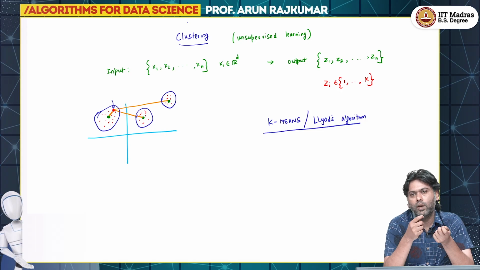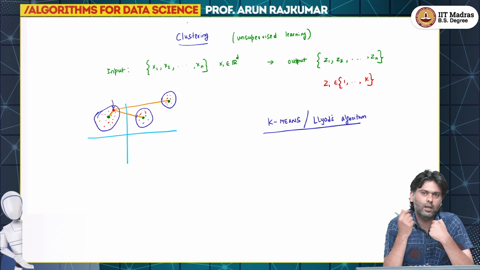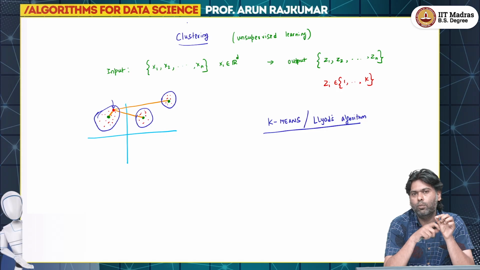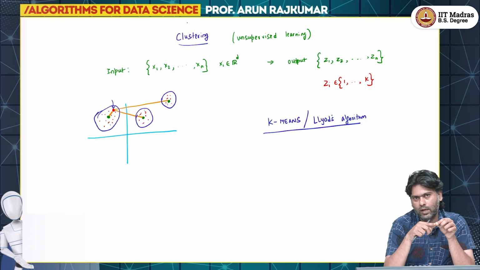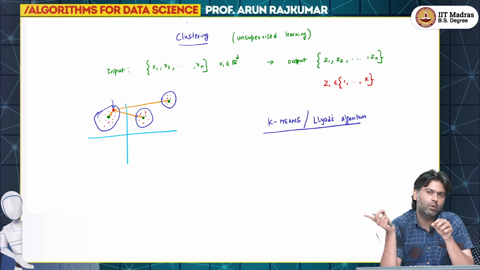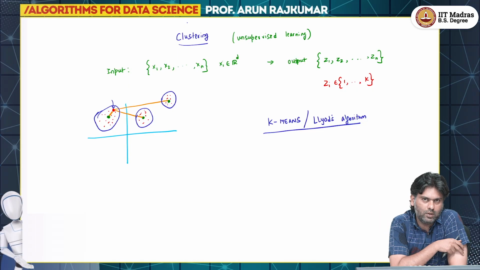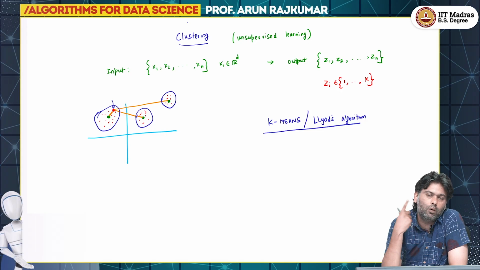That means every point has to be closer to its own centroid, the centroid from whose noisy version it came, than any other centroid. So if you find a point which is closer to a different centroid than its own, it should actually belong to the other cluster. So we change the cluster label for this data point. Now you get a new clustering, and then you compute the centroids again and you keep going. So this is the K-means algorithm.